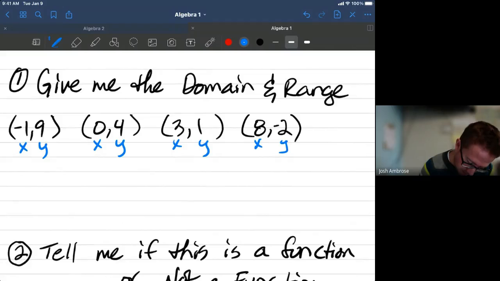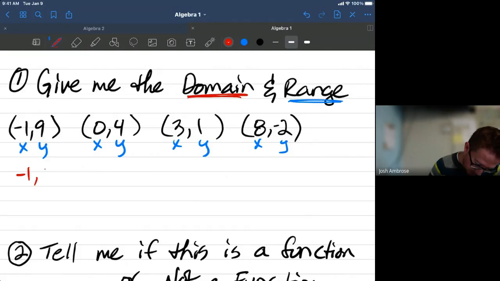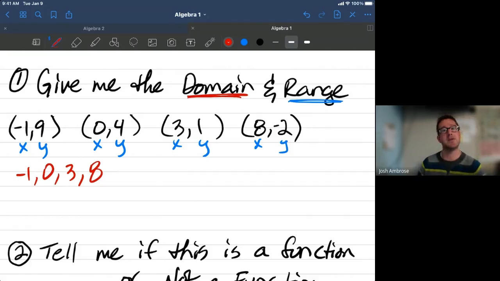Let's go ahead and say that we're going to do the domain in red. We're going to do the range in blue. All right, so all the domain values are the x values, -1, 0, 3, and 8. Those are all of the domains because those are all of the x values.